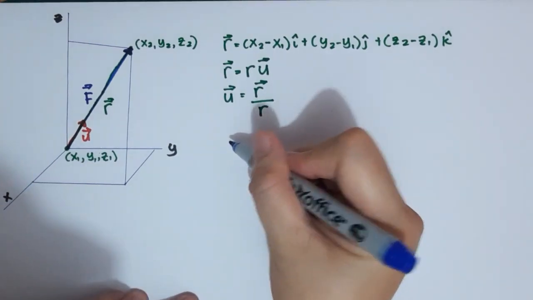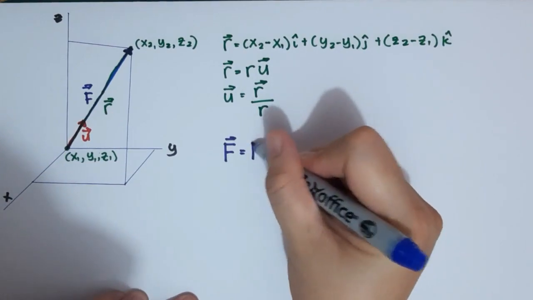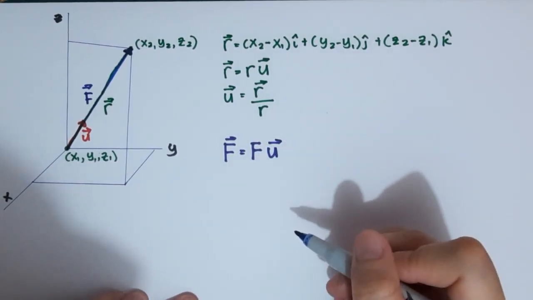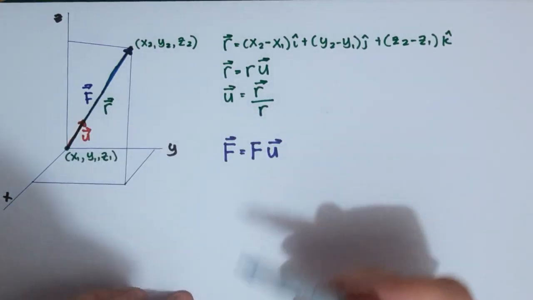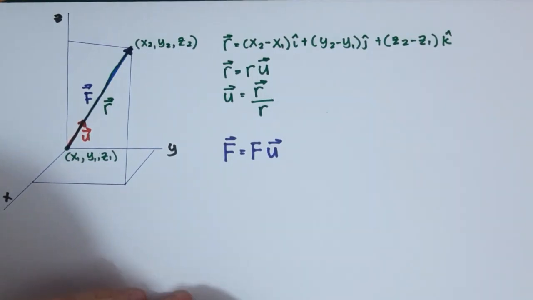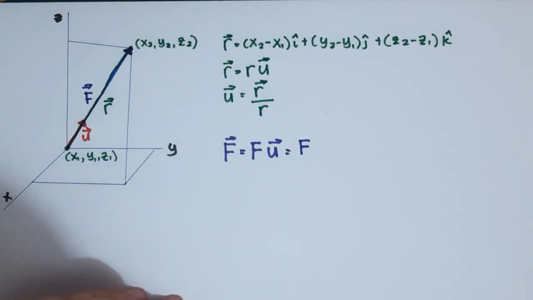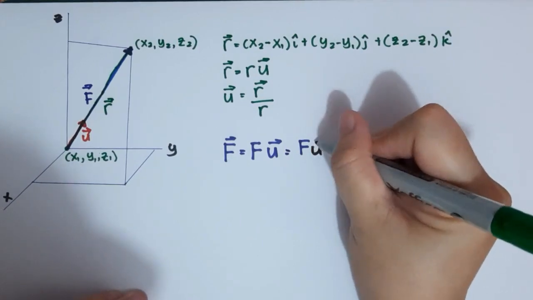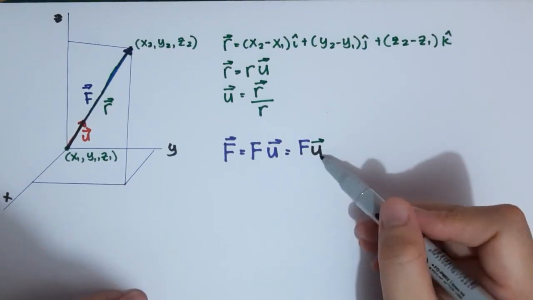And we have to note that a force vector is also the magnitude of the force times its unit vector. Hence, since they have the same direction, they have the same unit vector, I can now solve my force using the magnitude of my force times the unit vector of my position vector. So that will be F, the magnitude of F given, times u.